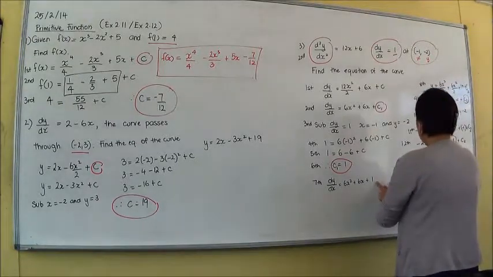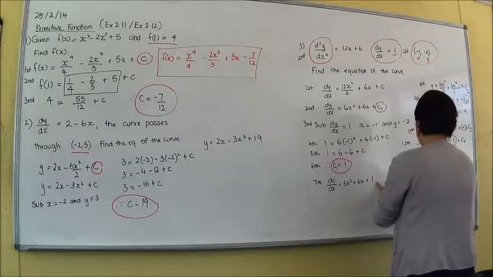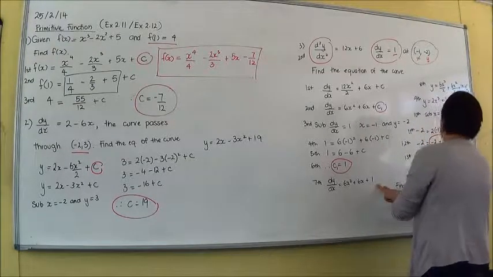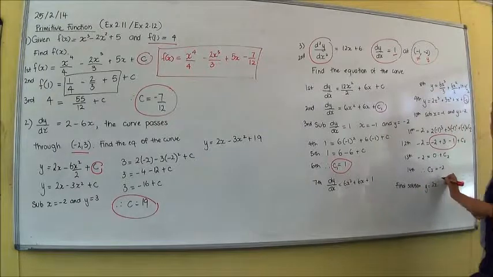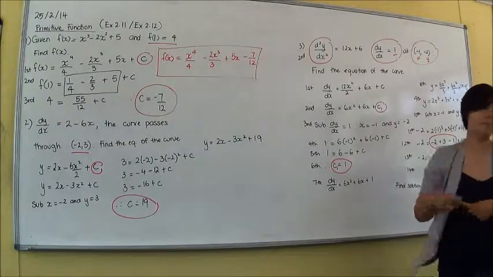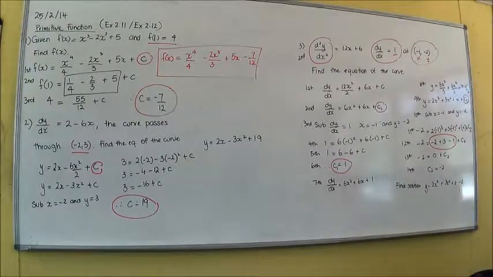So your final solution is y equals 2x cubed plus 3x squared plus x minus 2. That should be your final solution.